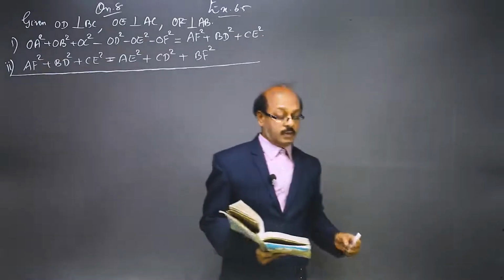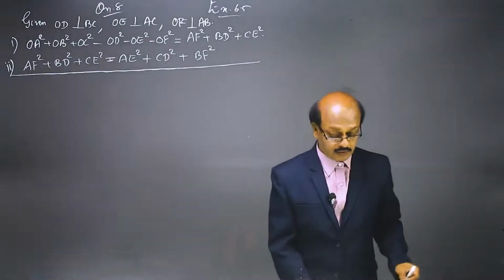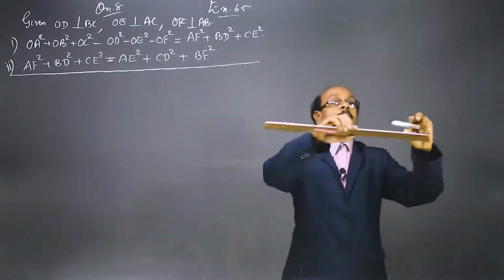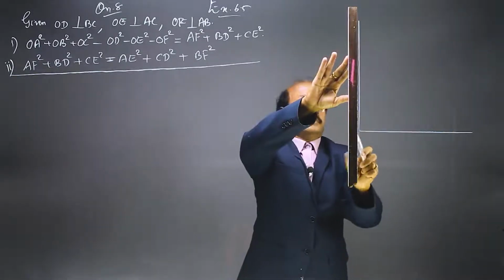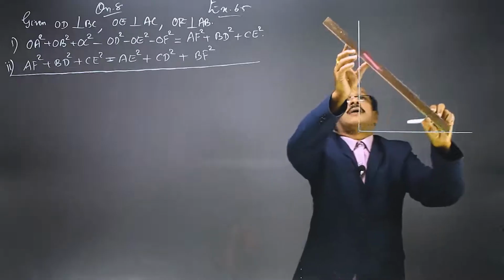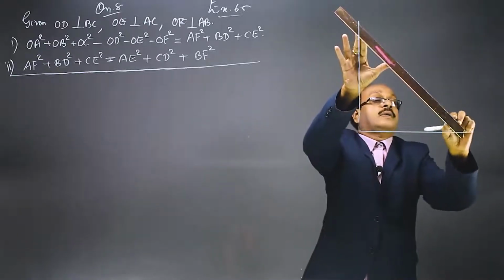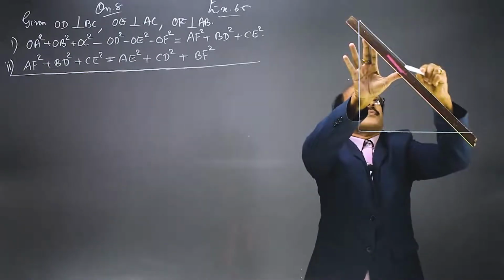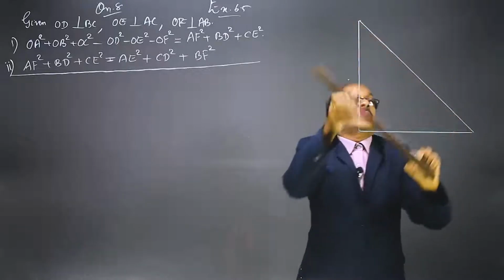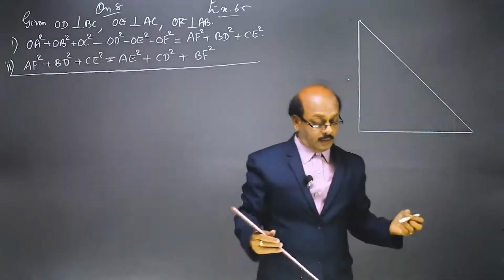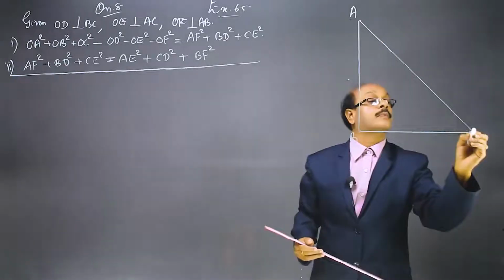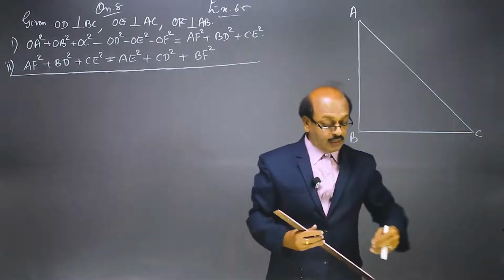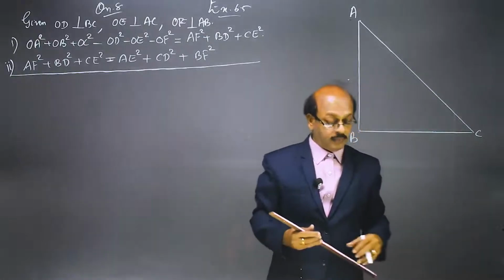The figure is given, so let us draw the figure. We are drawing triangle ABC. O is any point in the interior.